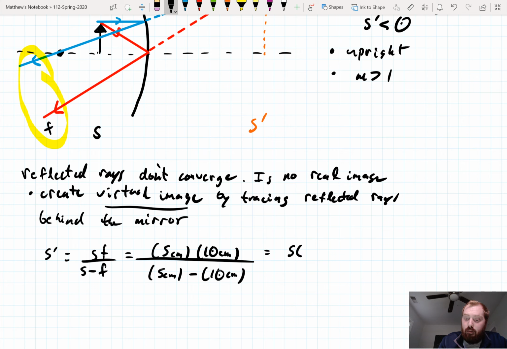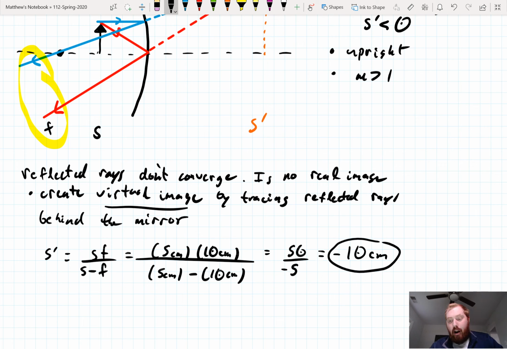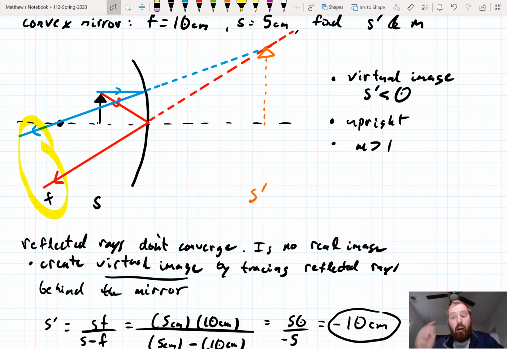So what do we get? 50 divided by minus 5, which equals minus 10 centimeters. Would you look at that? Our math agrees with our image. This is the power of these utilities. We draw a picture, we figure out what we expect the math to be, and when we do the math, it agrees. This is why we do physics.